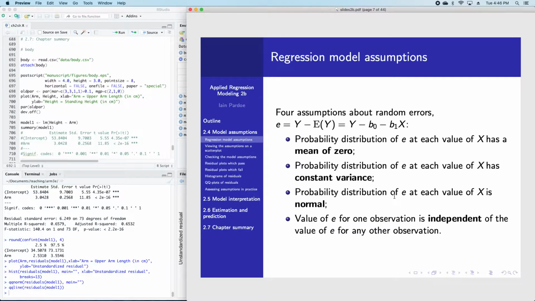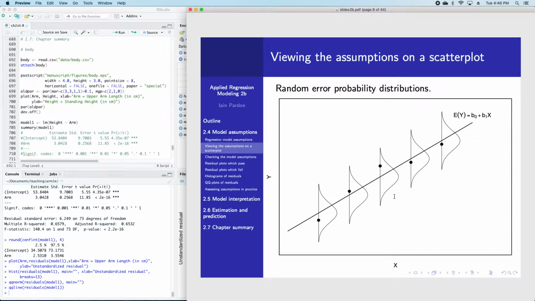So one way to think about these assumptions is on the scatter plot of the data. I mentioned before that we can pretty much see everything that's going on in the scatter plot. So if we think about the scatter plot here with y on the vertical axis and x on the horizontal axis, the points are these filled in circles. And then we've got the regression line. And remember, the regression line represents the expected value of y given x, which is equal to b0 plus b1x.